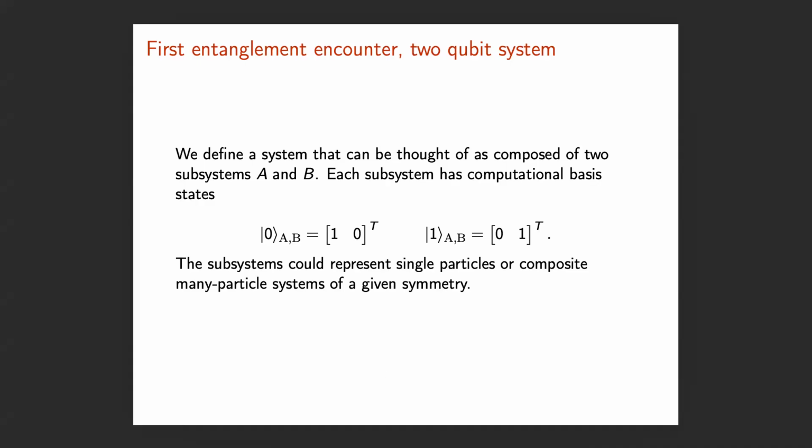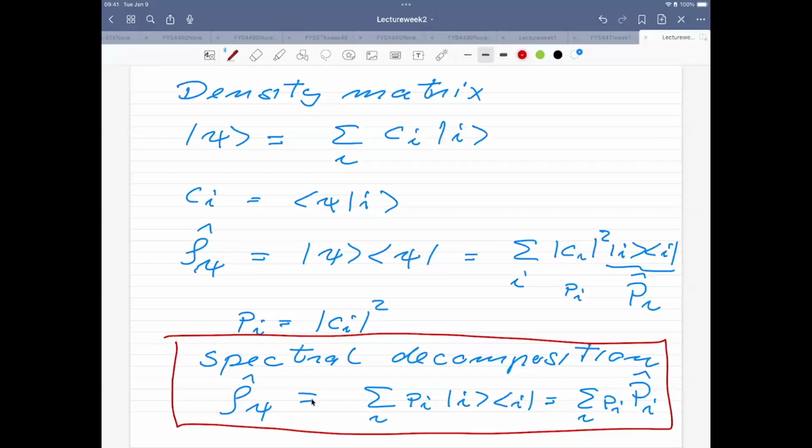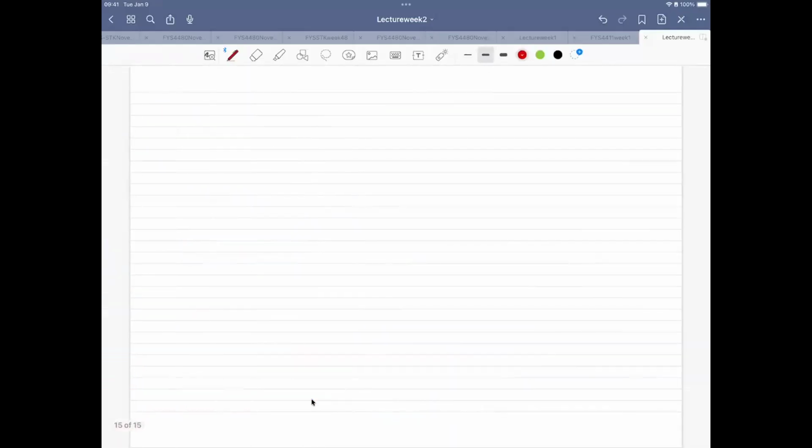So let's stop this one and go back to the whiteboard. I'm jumping a little bit back and forth. The example system which we are going to deal with now are the so-called Bell states.